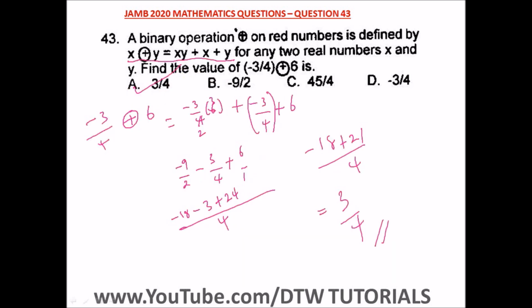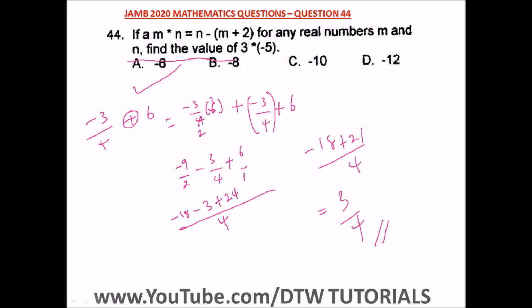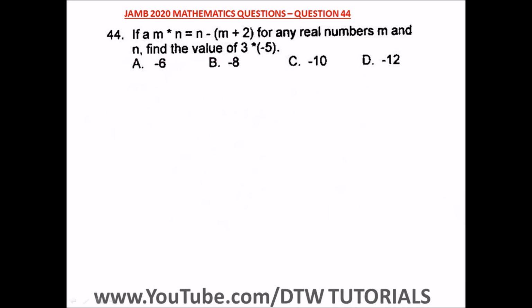So we go to question number 44. Let me take this off. So question number 44 now of the JAMB 2020 past question. It is still a binary operation question.